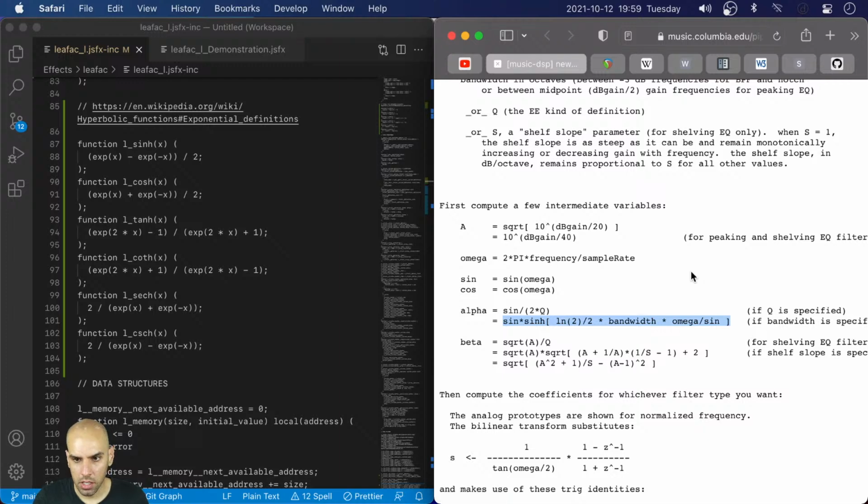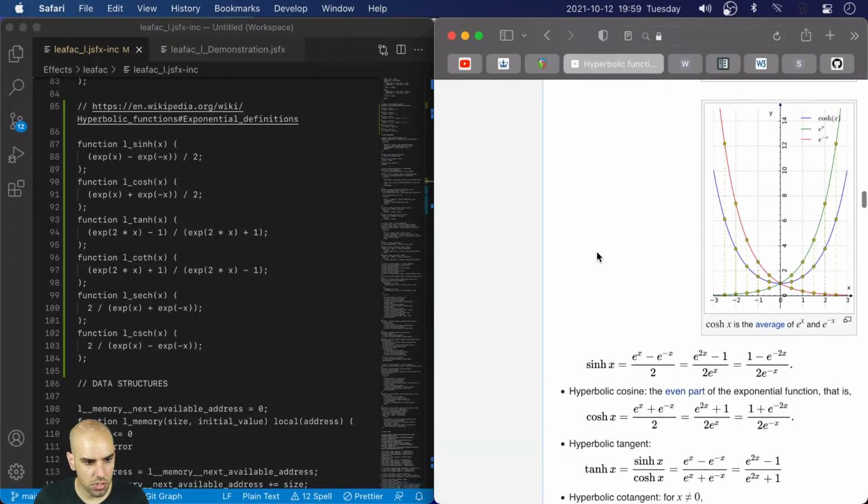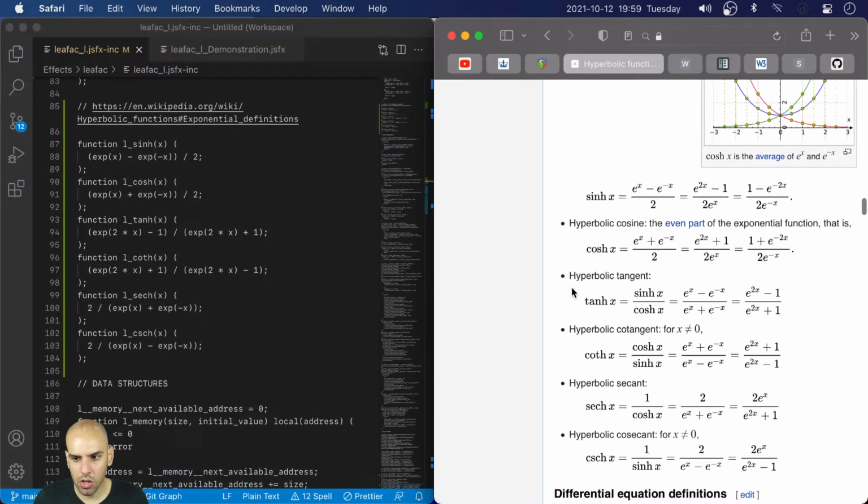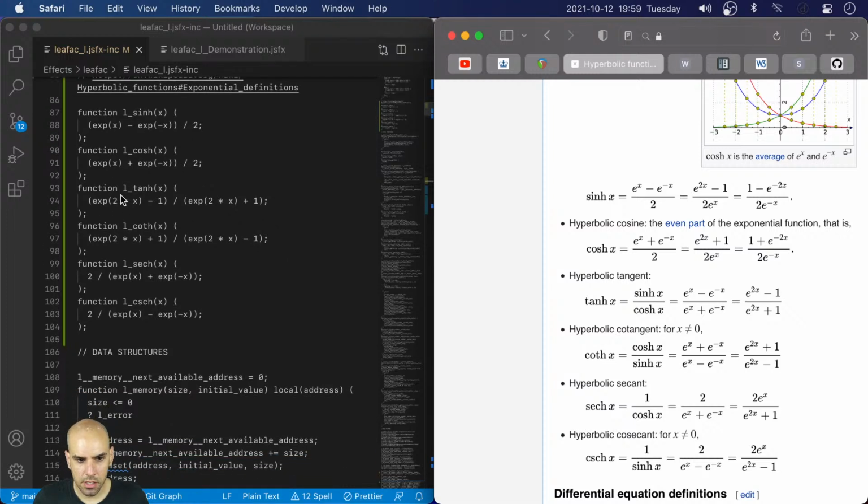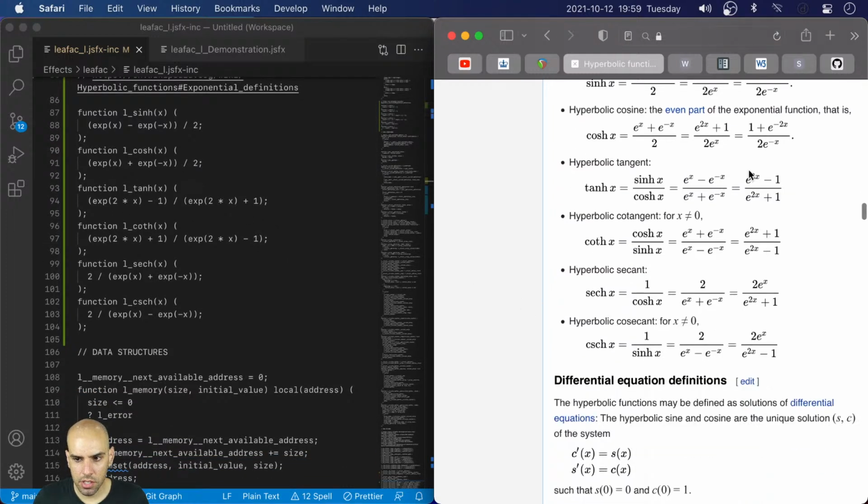I don't know. So coming back to the Wikipedia article, let's just double check that we copied the formulas correctly. Yeah, that one seems right. That one checks out. Tangent, we are using this formula. No, that one.